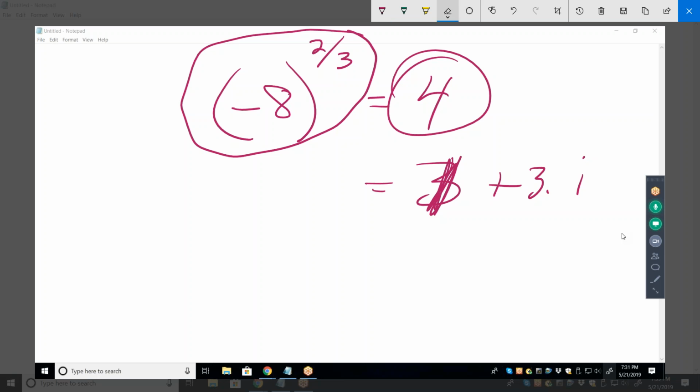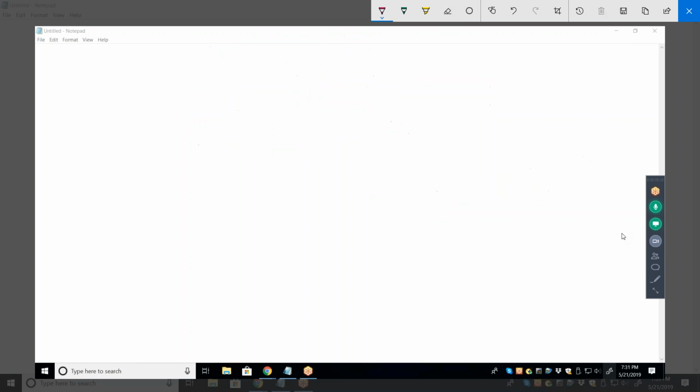The reason for it is very strange. Like I said, I wish I could explain it, I cannot. But when you take negative numbers to fractional exponents, be careful. They probably won't give you anything like that because that's somewhat of a trick question.